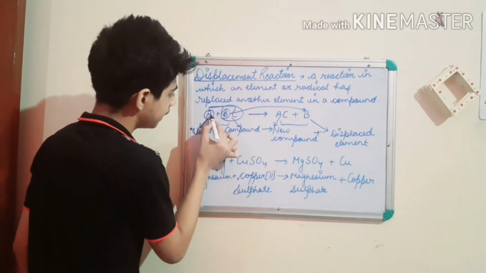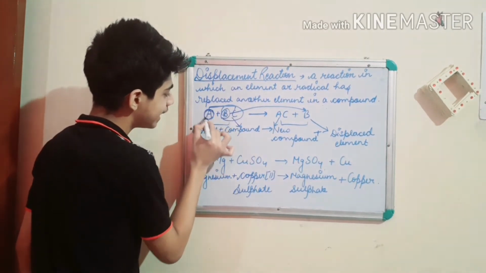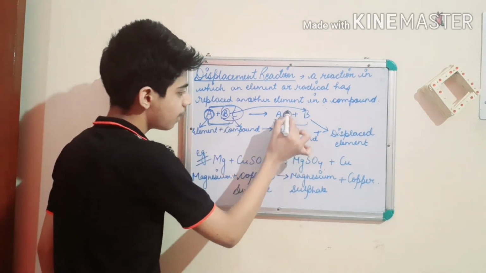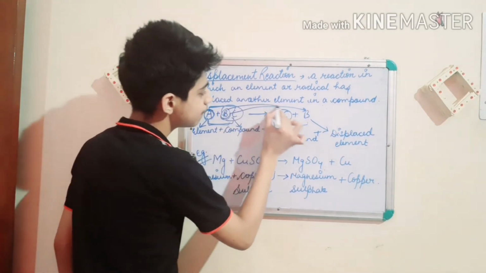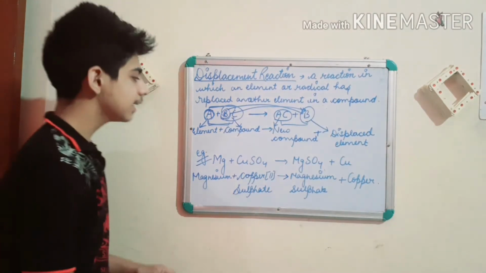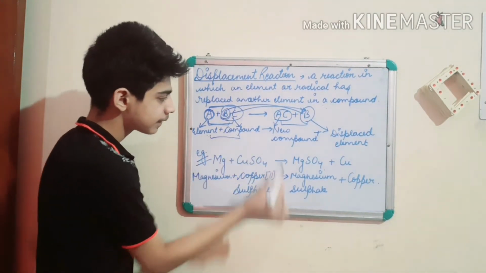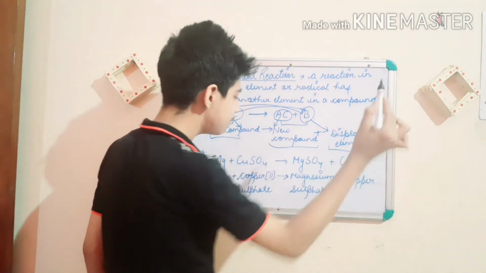See, when single A is reacting with a compound BC, it has more power to react with C, so they form a compound AC, and B remains alone, so it is replaced by A and it becomes single. So when an element and a compound react, they form a new compound plus a displaced element.